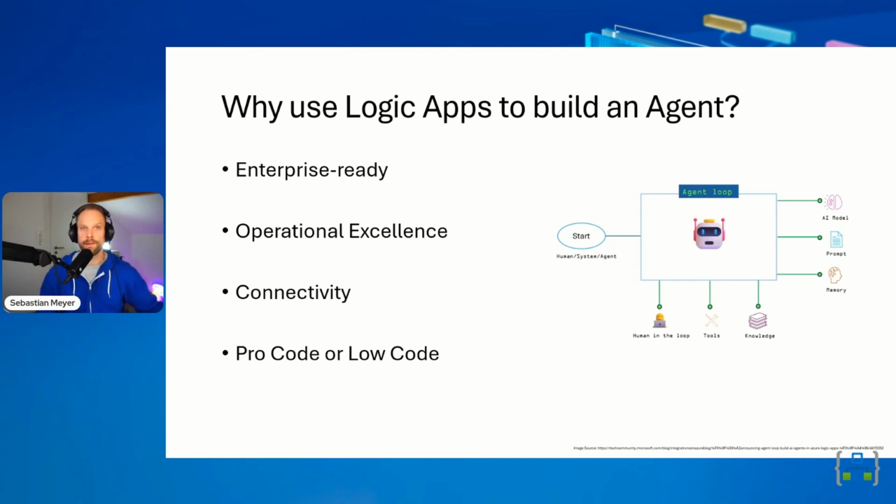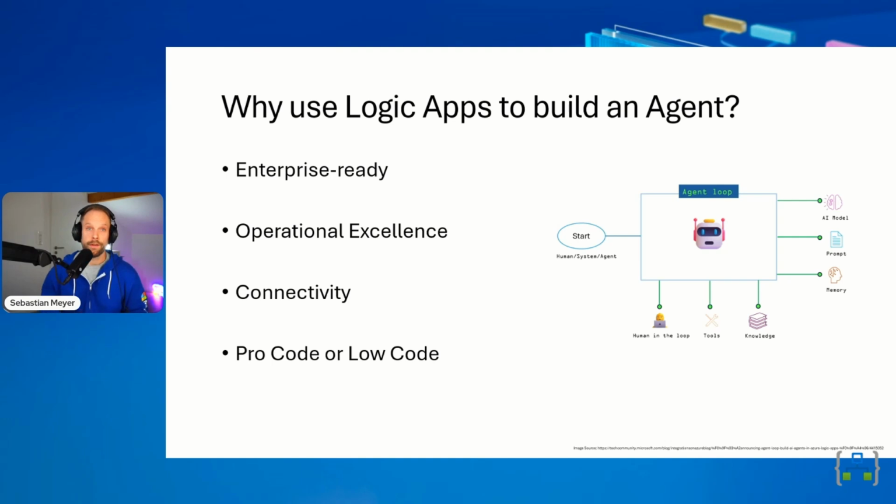And what makes Logic Apps an even better choice for creating agents is its outstanding connectivity possibilities. Over 1400 connectors, which you can use to connect to Azure services or third-party systems like SAP, Dynamics, Salesforce, ServiceNow, and more, you name it.